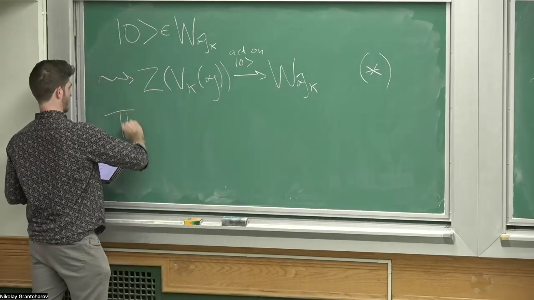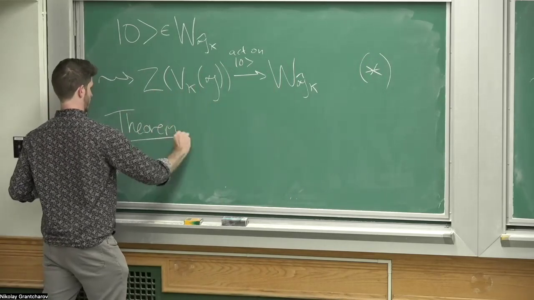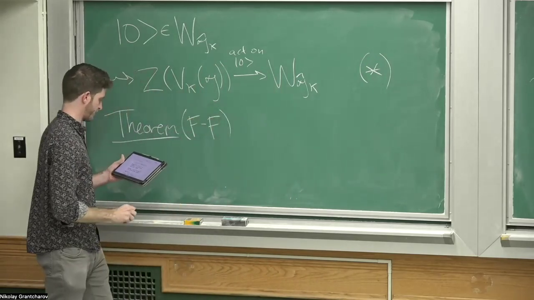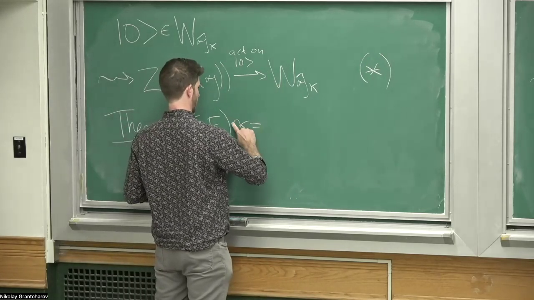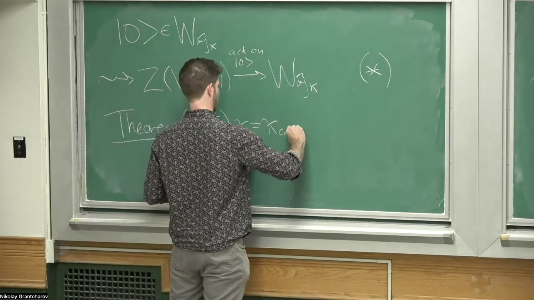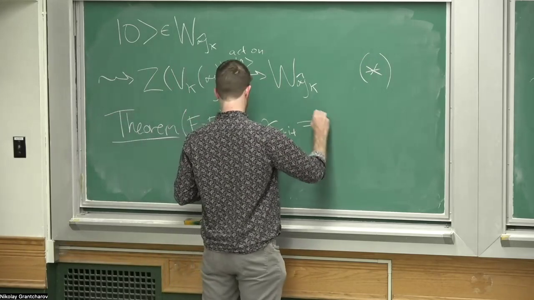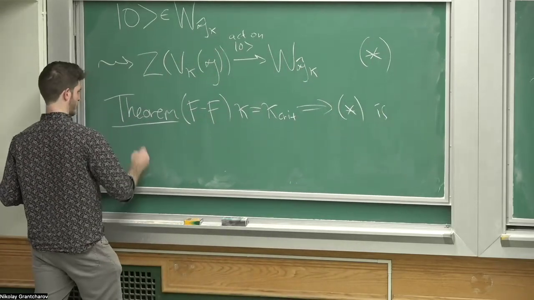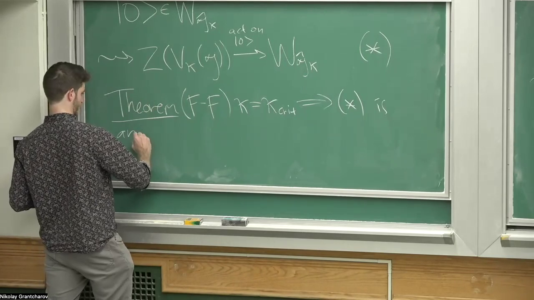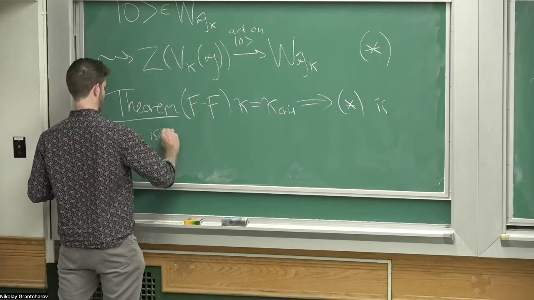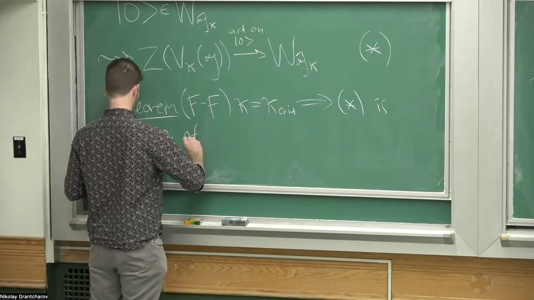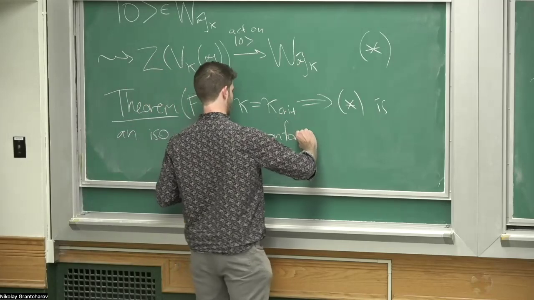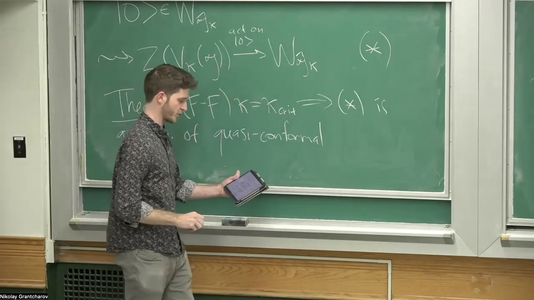Okay, and then the big theorem here, which is all to do with Feigin-Frenkel, is that if kappa is critical, then star is actually an isomorphism. This is definitely specific to the critical case. And you can actually prove that it's an isomorphism of quasi-conformal vertex algebras. So it respects the vertex algebra structures, and it also respects the action of derivations of O.